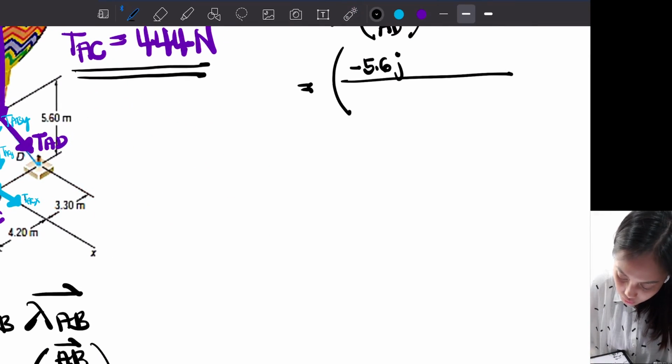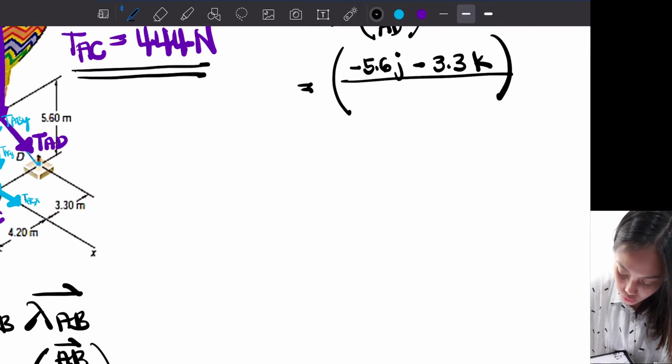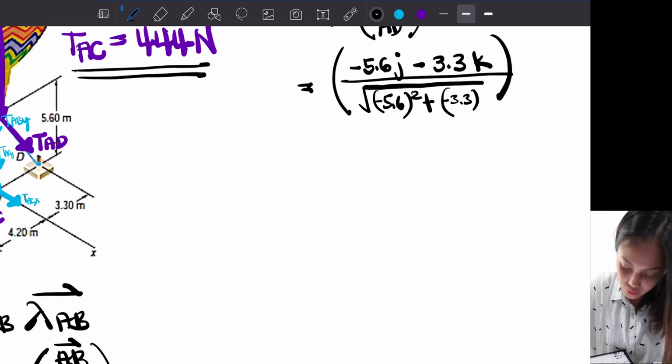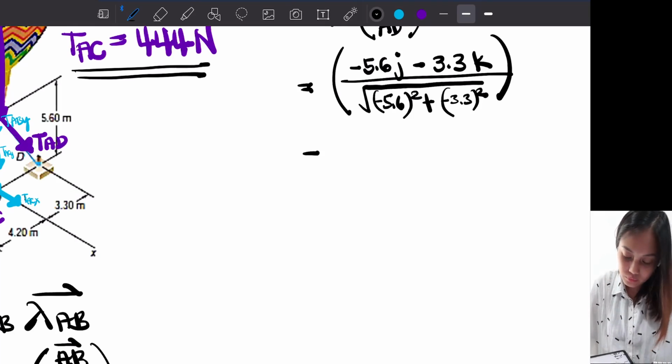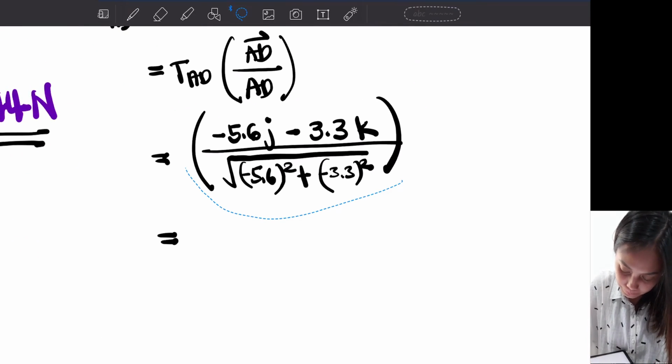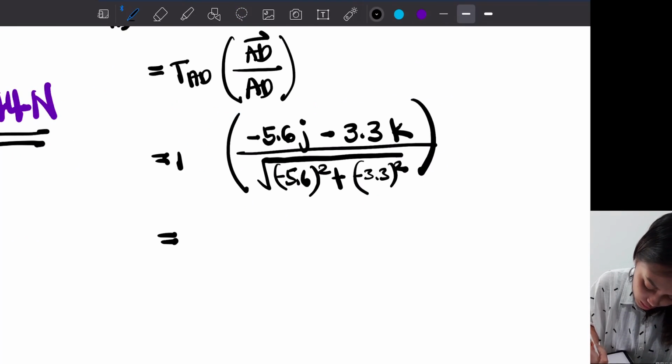So this is negative 3.3, over the square root of negative 5.6 squared plus 3.3 squared.